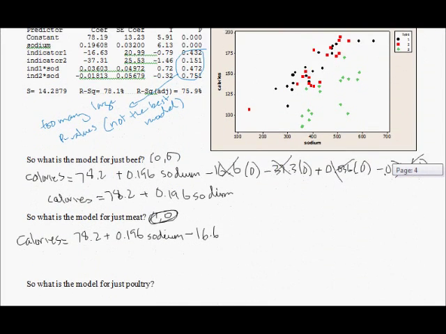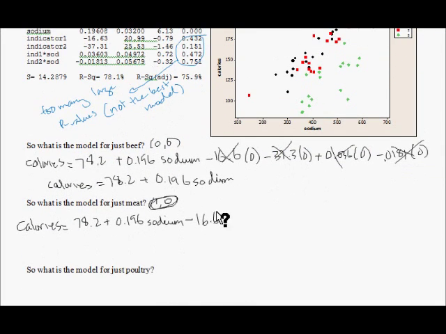Okay, so let's go back down. So I have 16.6 times indicator 1, or 1, minus 37.3 times indicator 2, or 0, plus 0.0360 times 1 times sodium, so that's times sodium, minus 0.0181 times 0 times sodium, so it's times 0.